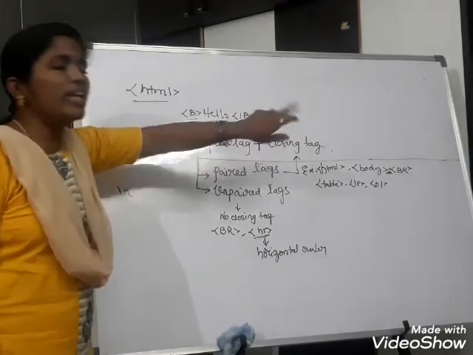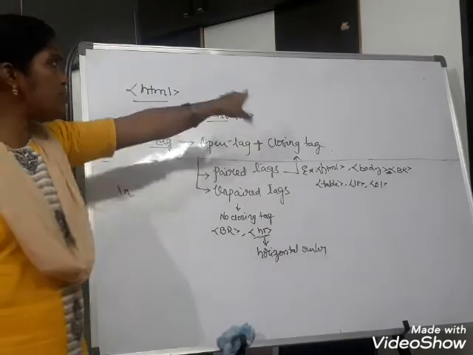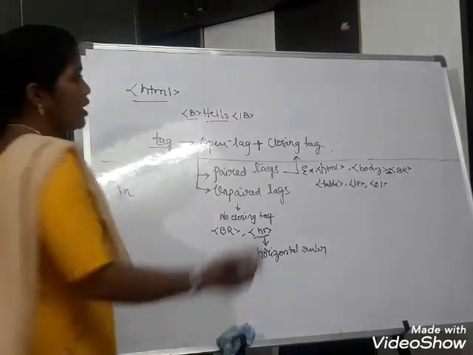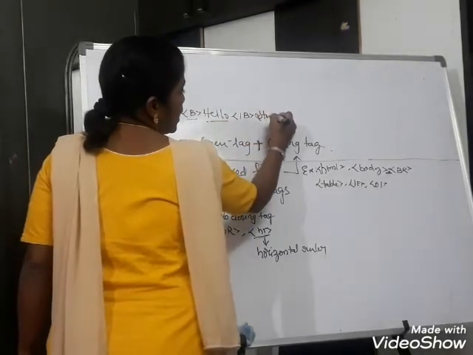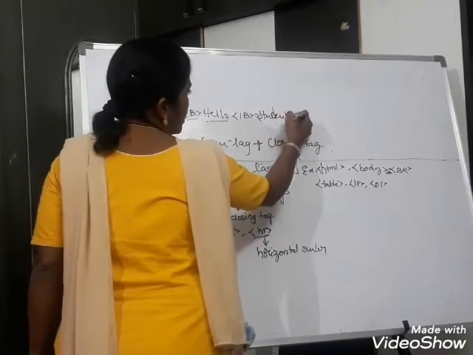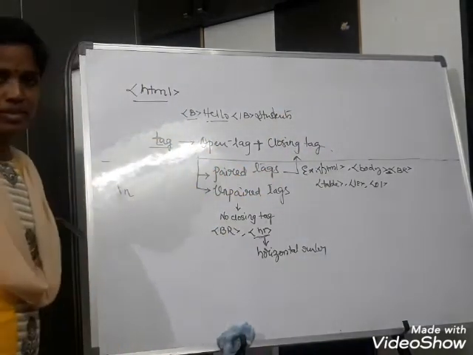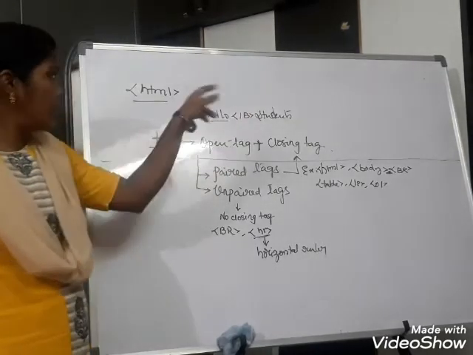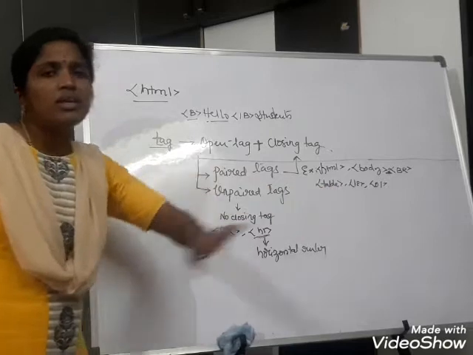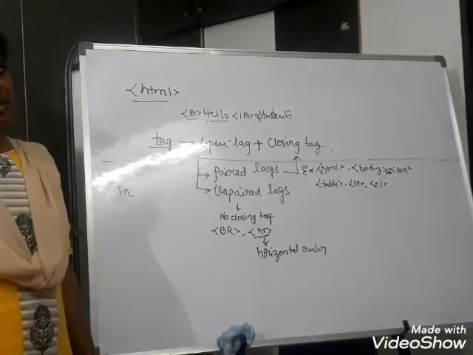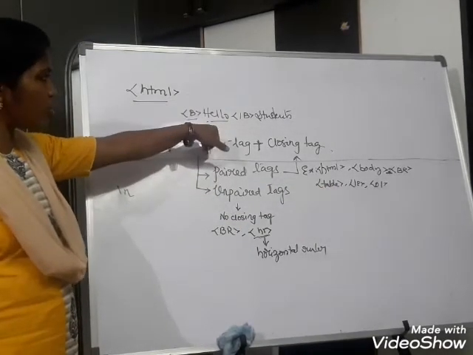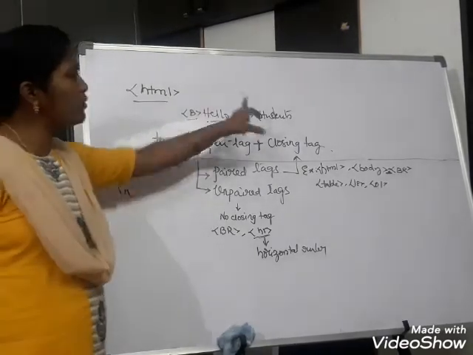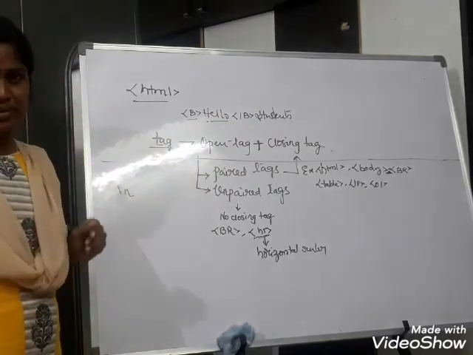So I have to definitely close B to indicate that this hello must be in bold letters. Hello students. Whereas I don't want students to be in bold letters. If in case I miss this closing, everything after writing this will come in bold letters. That means I have taken this option, I have to end this option. That is the reason why we have to open and close the things.